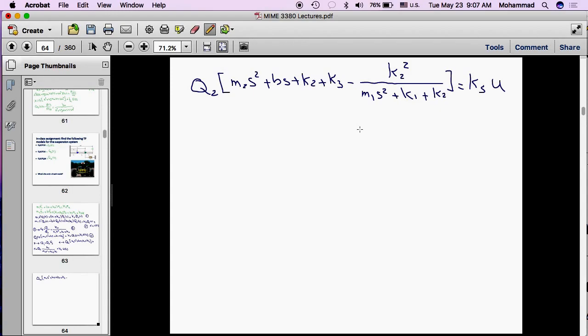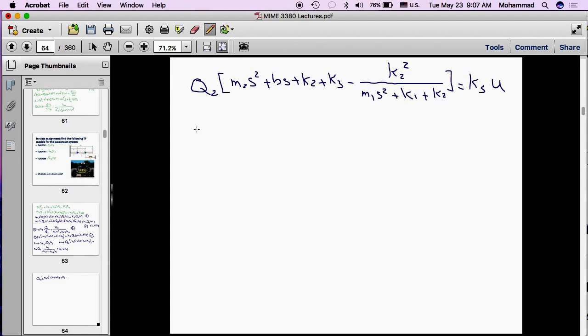Okay, we're getting very close. So we can take one more step if you want to and make M1 S squared plus K1 plus K2 the common denominator. So it's easier to manipulate.